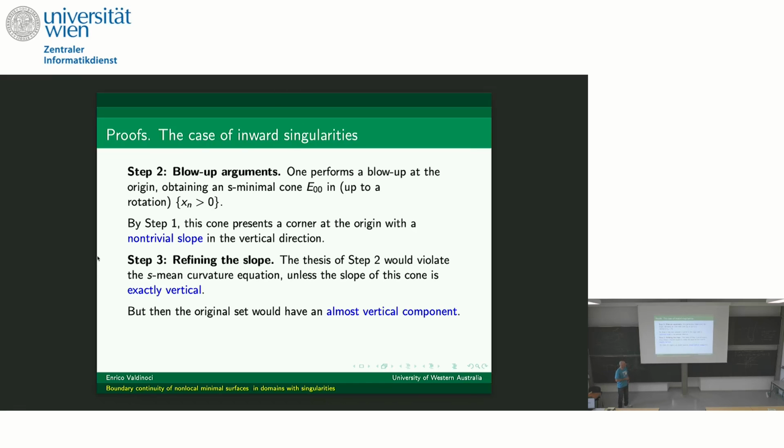And once it's exactly vertical, well, you have to use somehow, I wouldn't say really an improvement of flatness, but maybe an improvement of verticality in a sense, but the idea is that you touch your limit cone with larger and larger balls, and you prove that the original set already had the vertical component.